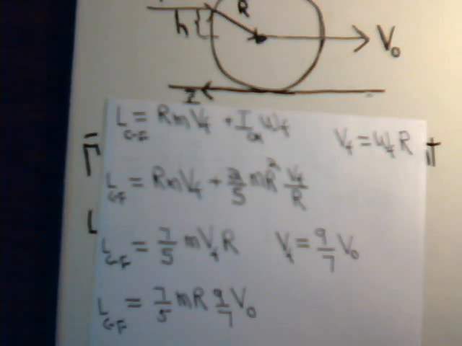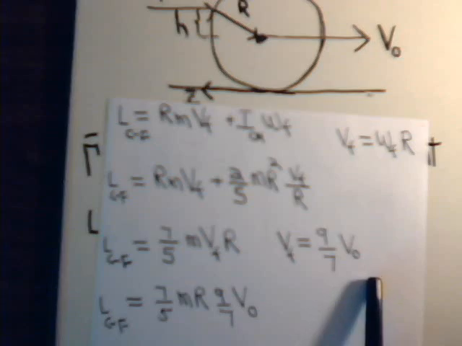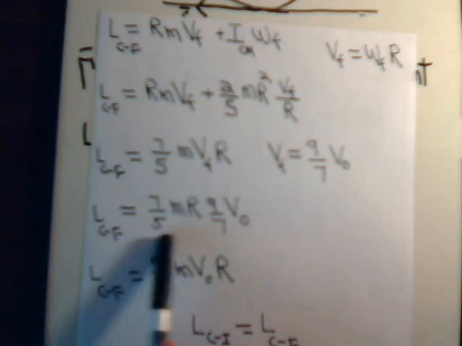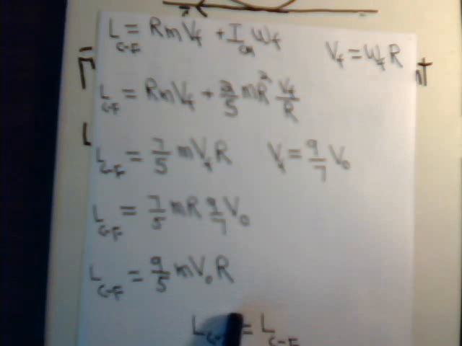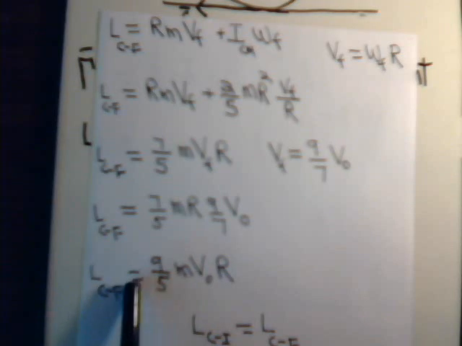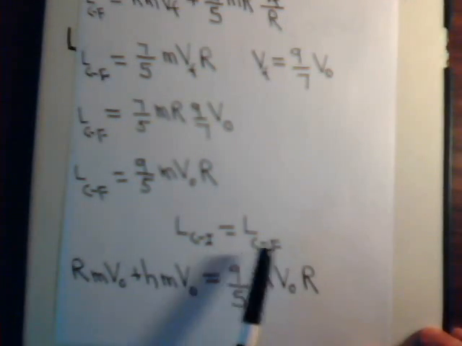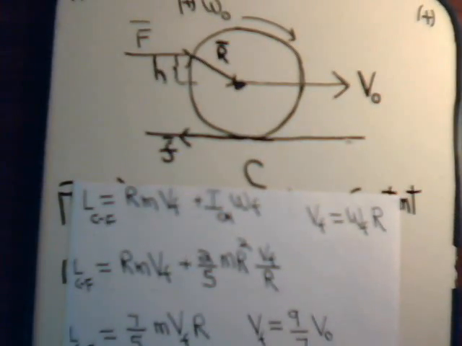And we wanted Vf to have this specific value, so let's put that in place of this, and we have this equation. These cancel, so finally we have this. This is the angular momentum about contact point C when the ball goes into pure roll. But remember, this has to equal what it was initially, because about point C angular momentum is conserved.